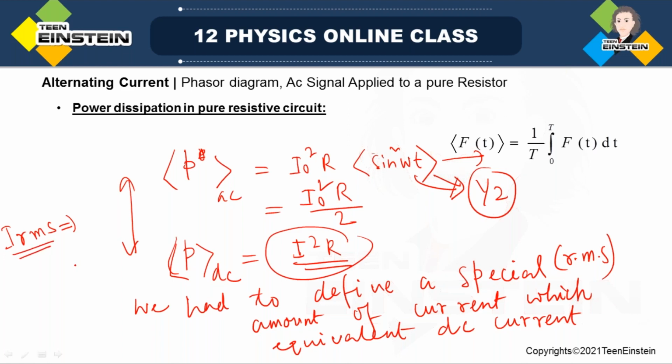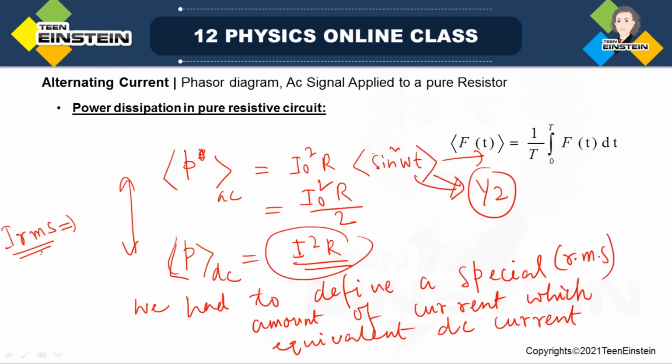So this is a special quantity, the root mean square value of current, which is equivalent to a DC current in terms of the power dissipation.